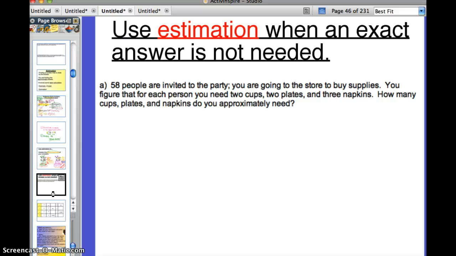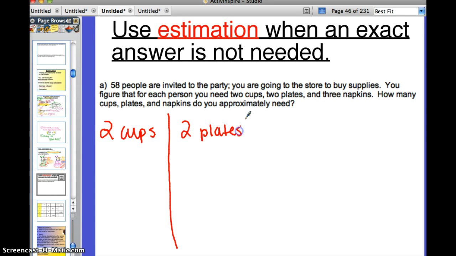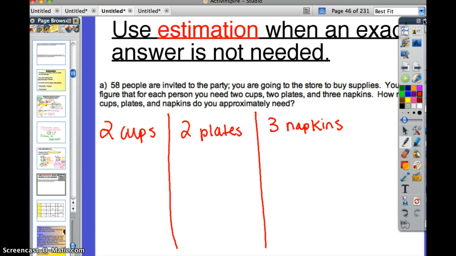You figure that each person needs 2 cups, 2 plates, and 3 napkins. Okay. Imagine that you're at the store. I mean, it's not reasonable to think that you would be calculating this on your calculator when it can be so easily mentally done. Okay, so this is what you figure each person will need, and 58 people are coming.